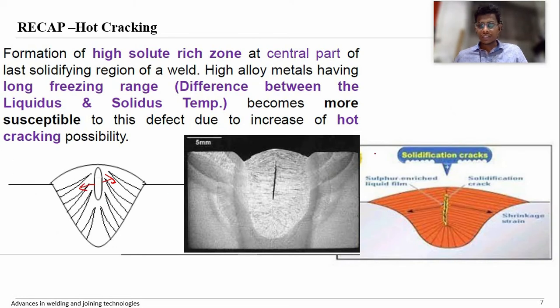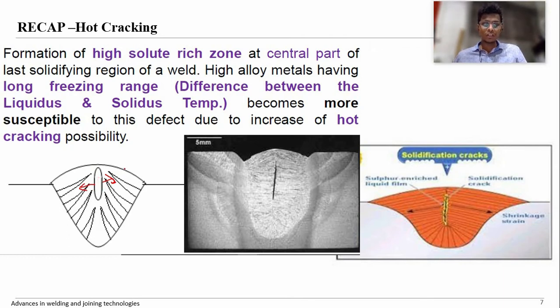I actually explained this in the session, so I'll be merging those videos and uploading them. Basically, here there will be solute rejection, right? So the liquid metal will be the lowest liquid, and this region will achieve the lowest melting point. In some scenarios it will be the eutectic point, where the lowest melting point is.